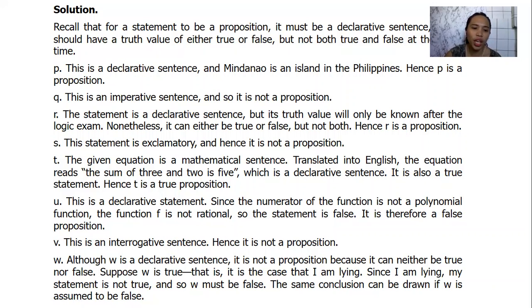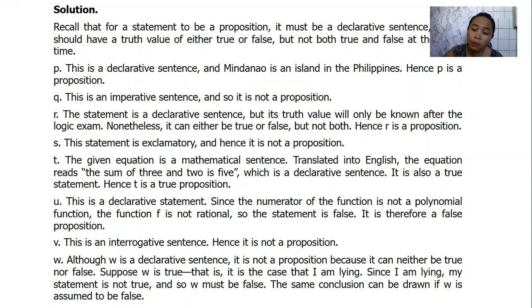Okay, but if we are going to assume that the statement "I am lying" is true, then the statement is not true. If we assume that it is false, maybe it can still be considered a proposition, if there is an assumption.